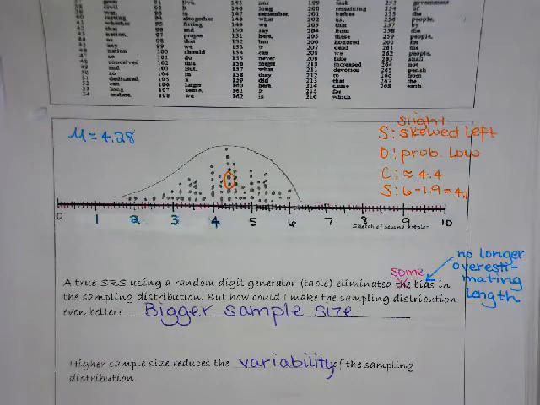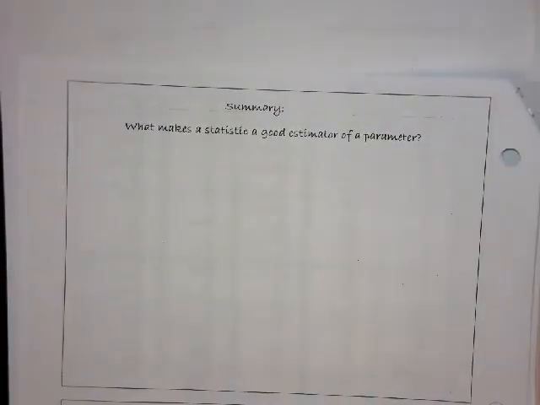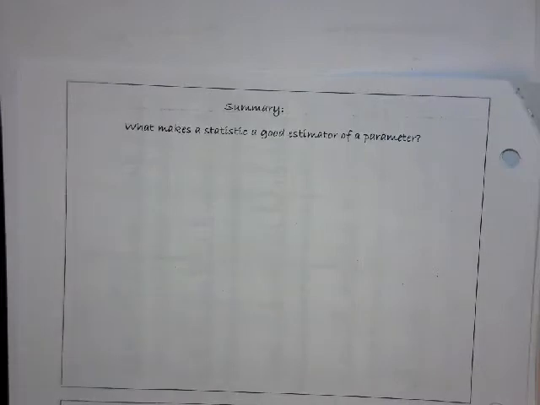All right. So we're going to be focusing on statistics to estimate parameters. And there are 2 things that we want to look for to make sure that our statistic is a good estimator. The first one is that we have low bias.